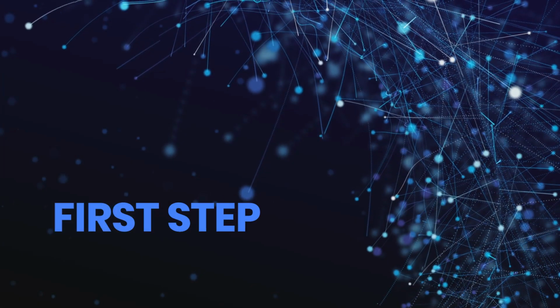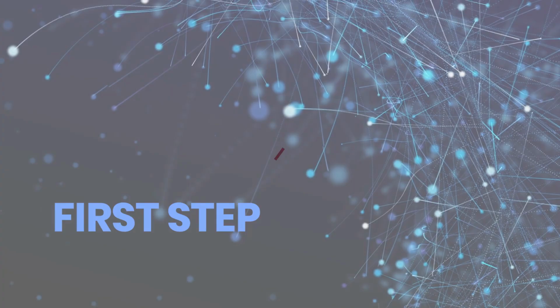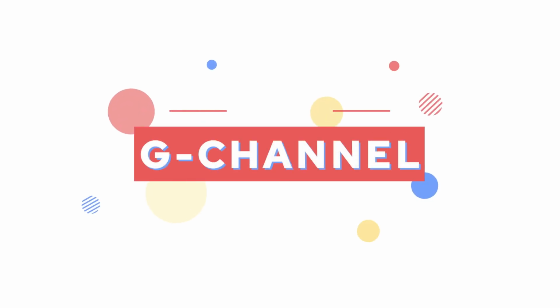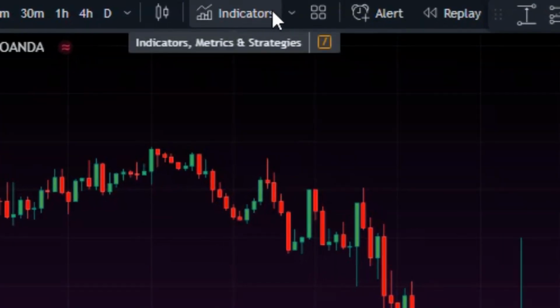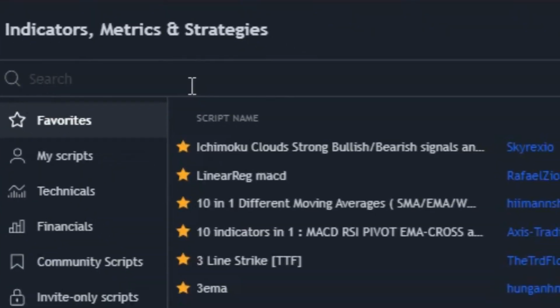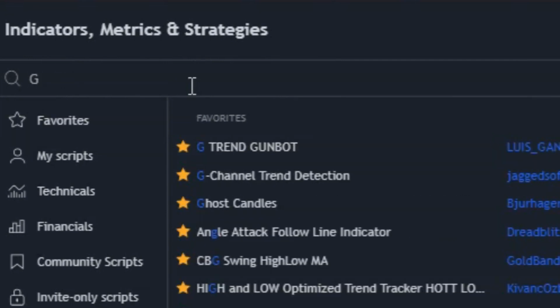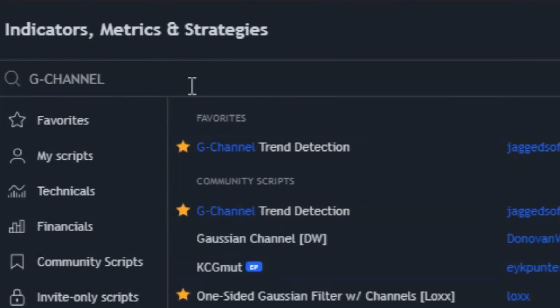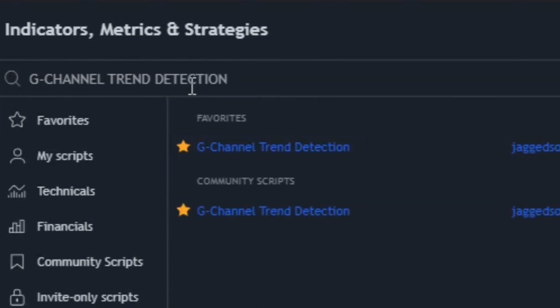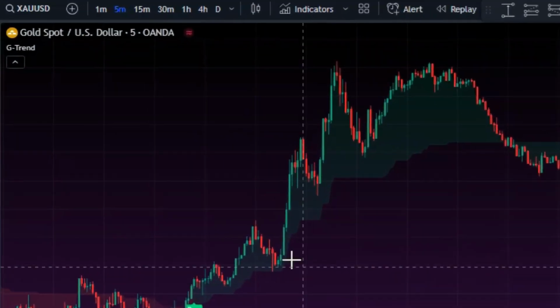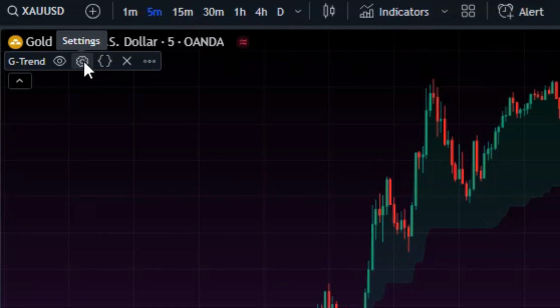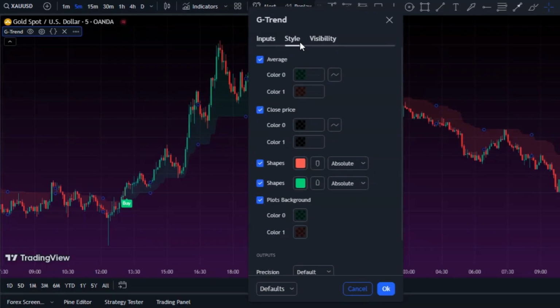Alright friends, the first thing we'll do is to add the G channel trend detection indicator to the trading chart. Then head over to its settings and in the style tab of the indicator, turn off all options except for the shapes.